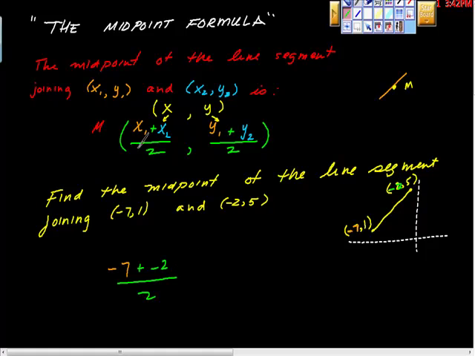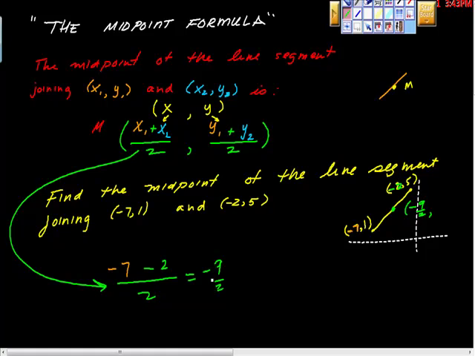All I'm doing is taking this and applying it directly. And a positive times a negative, I'm just doing this little bit of math in between here. What do you do with a positive and negative? You multiply the signs and you get a negative, so take that as a negative. And negative 7 plus negative 2 is negative 9. Negative 9 over 2. So this point right here has an x value of negative 9 halves, doesn't it?